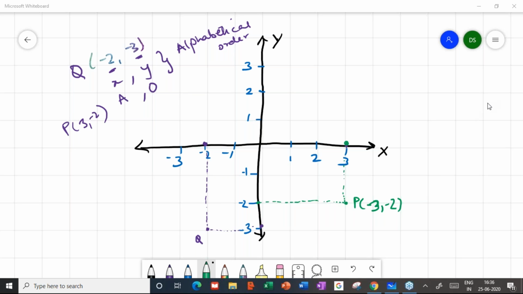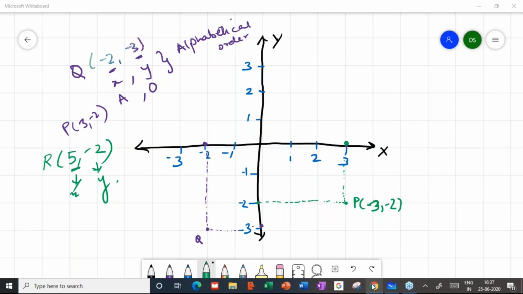But if they give you any point, start keeping in mind that the first number is x, the second is y. So you locate 5 on the x-axis and minus 2 on the y-axis. The point where these two intersect will be your required R. Got it?